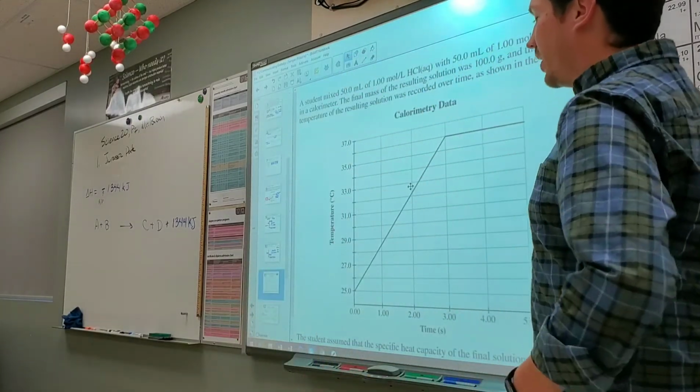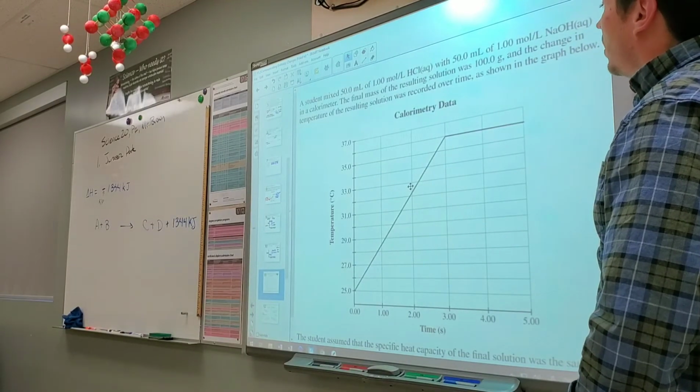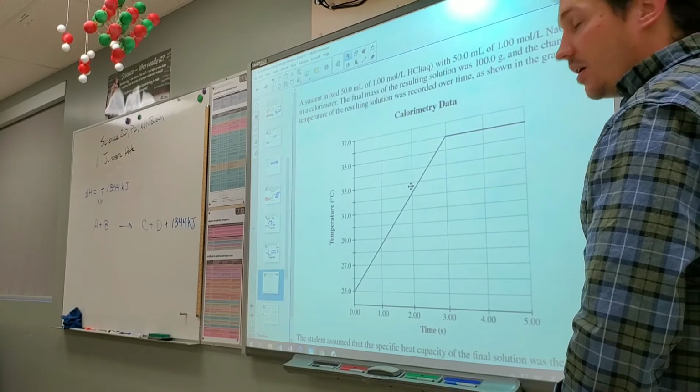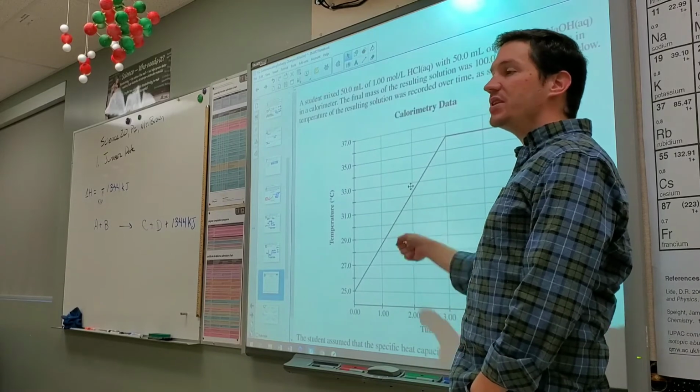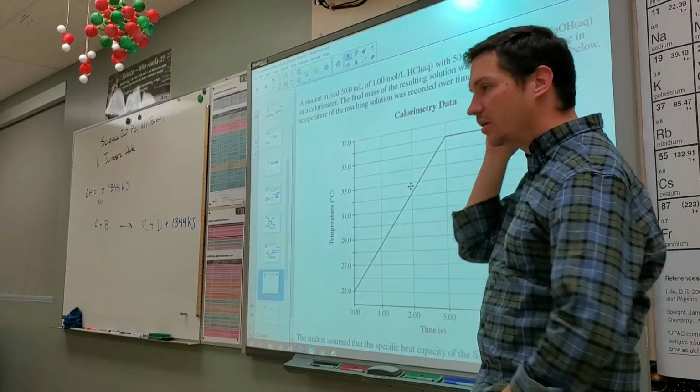Talk to me about what's going on here. The temperature is rising. Yep, we've got a reaction. And what are you measuring here? Are you measuring the potential energy of the system, or the kinetic energy of the surroundings? Surroundings.